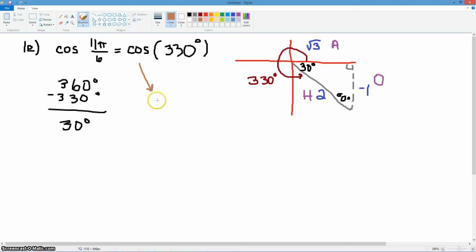We're doing cosine, so cosine is SOHCAHTOA, so that's going to be adjacent over hypotenuse. From there, all we need to do is just fill it in. Adjacent is radical 3, and hypotenuse is 2. So your answer for this one is radical 3 over 2.